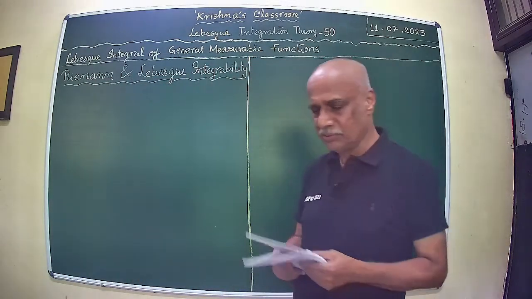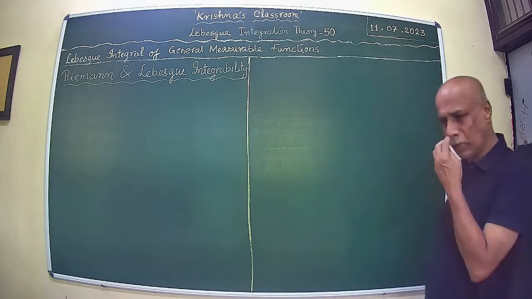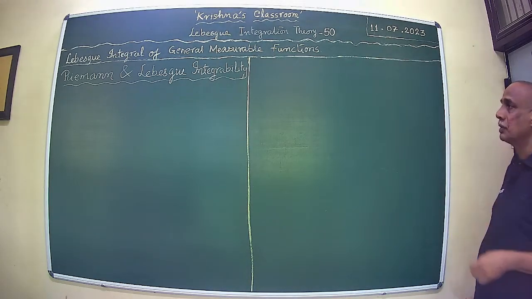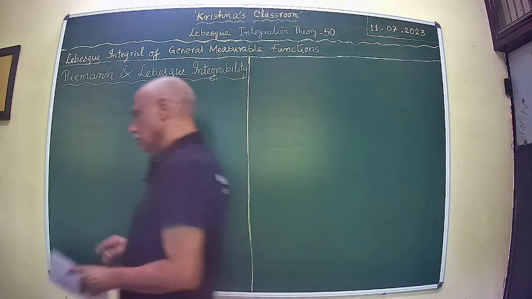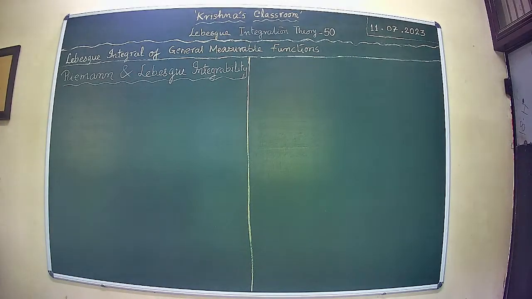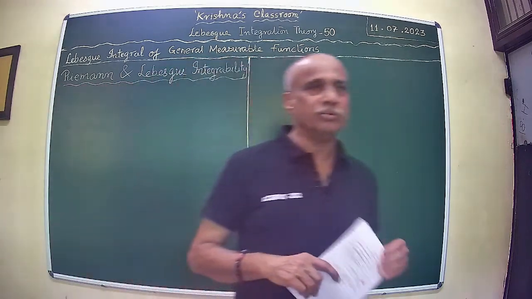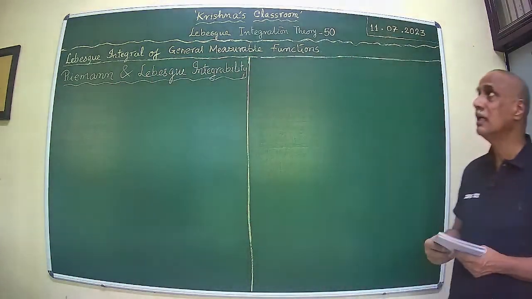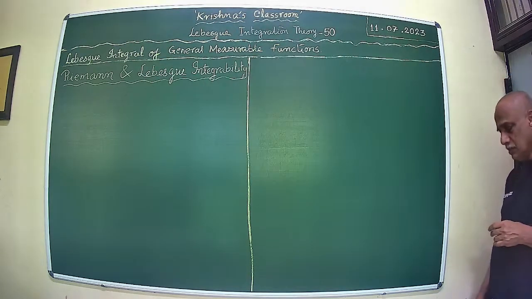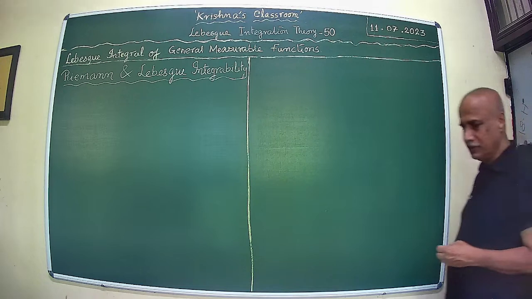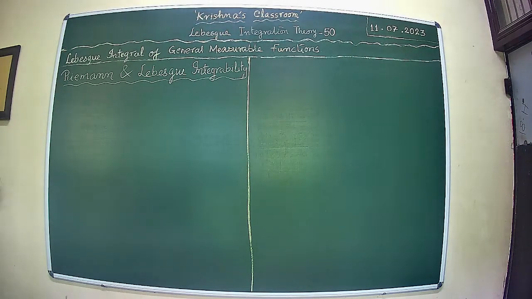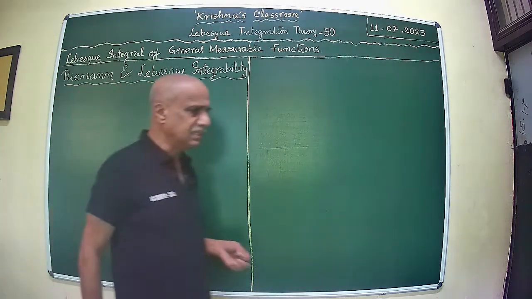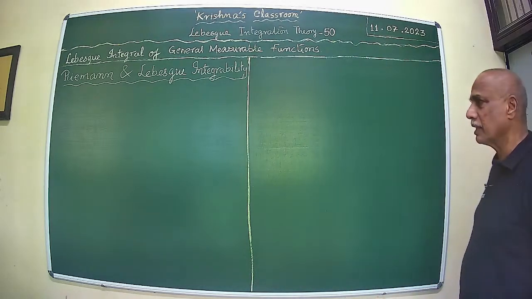Okay, so we want to look at the Riemann and Lebesgue integrability together. In this context, if you look at Riemann integrability, then we found that we had two types of integrals related to it. One is the so-called upper integral and the lower integral.